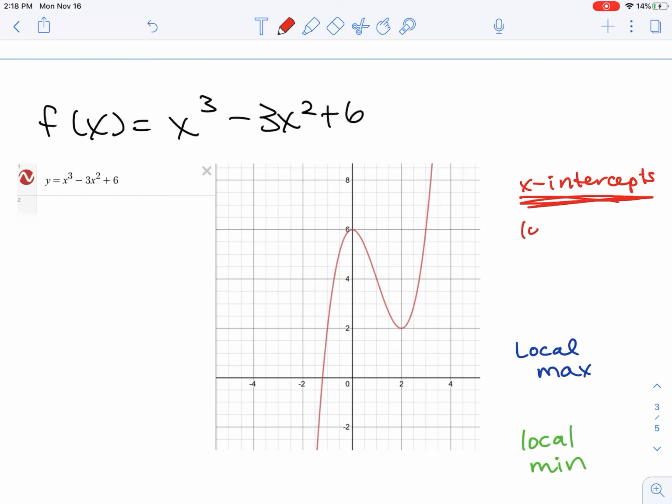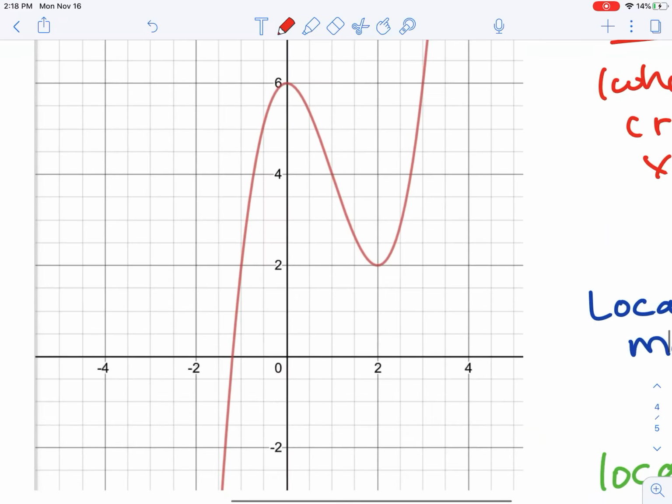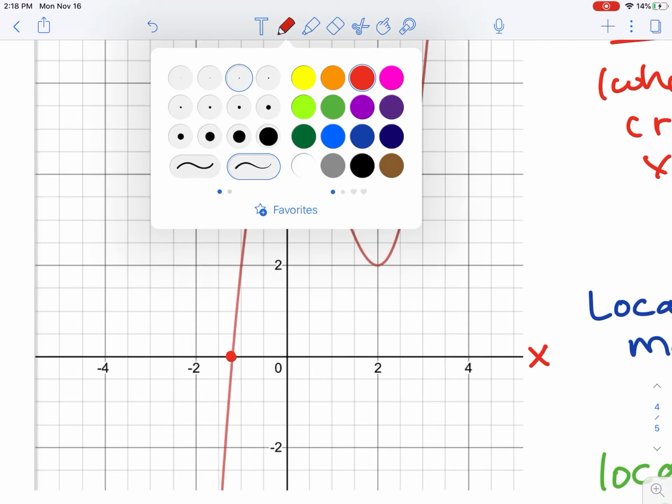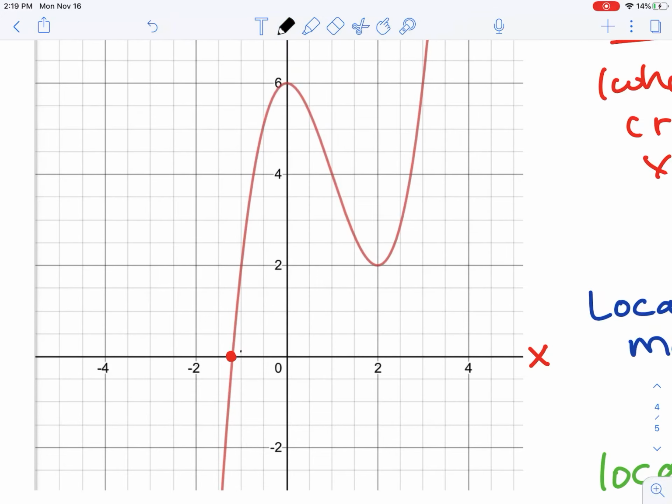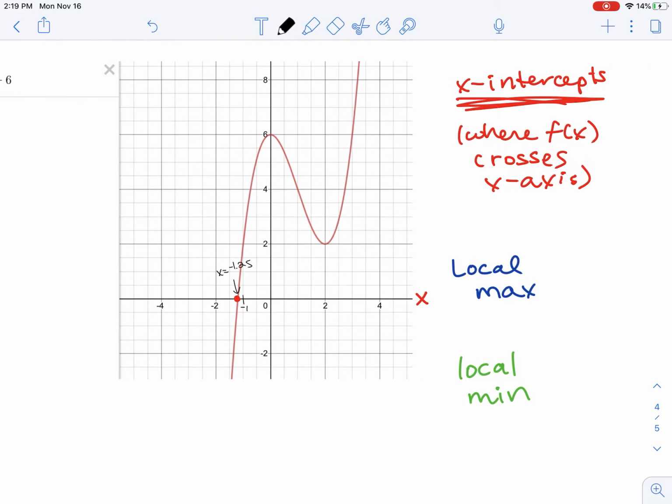Remember, x-intercepts are where the function crosses the x-axis. Here's my x-axis, and I only see it cross one time, approximately at, if this is -2, here is -1, so approximately x equals -1.25. So our x-intercept is at x equals -1.25, and to write that as a point, we write -1.25 comma 0.